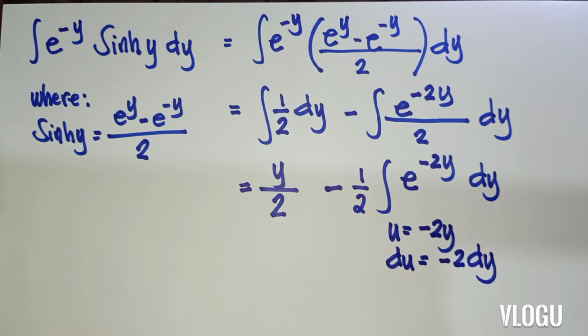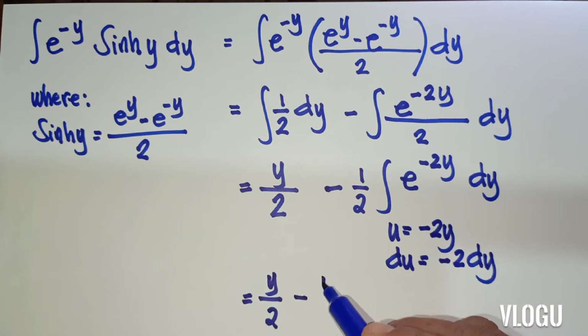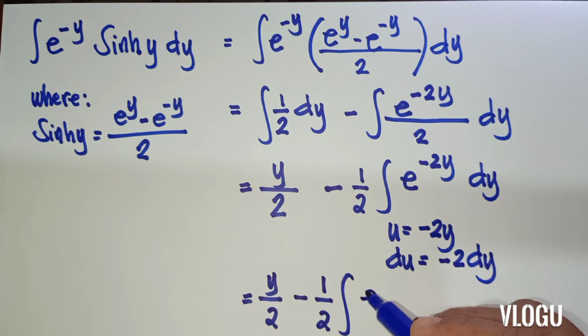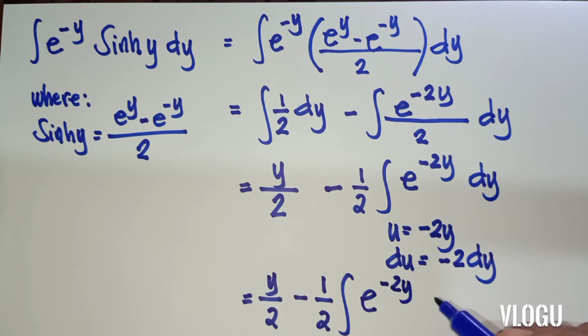Therefore, you will have y over 2, and then 1/2 integral of e^(-2y) with du being negative 2 dy.